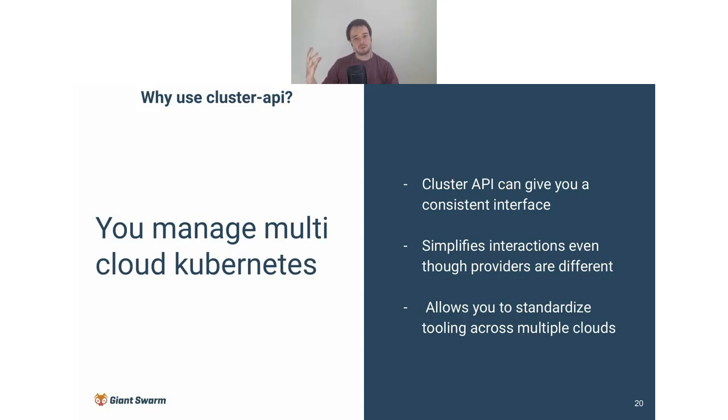And Cluster API gives you a consistent interface here that simplifies this interaction with the providers because the component is just pluggable. It becomes very easy to standardize across your different clouds.